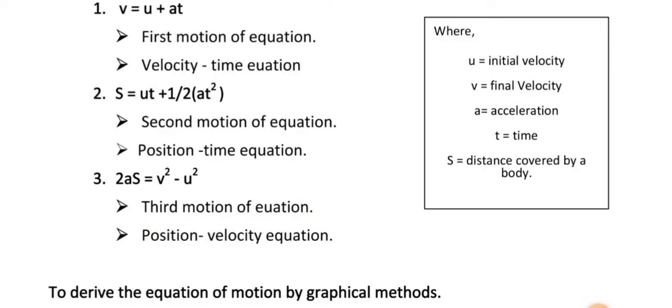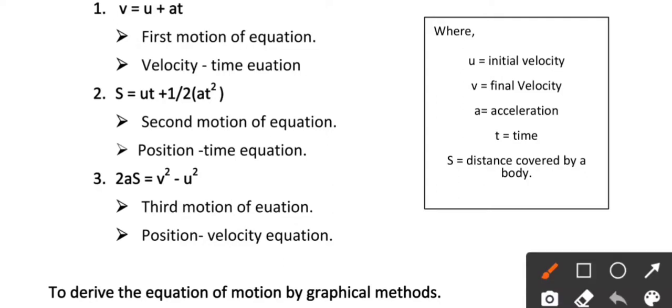So in our previous video, we have learned about the equations of motion. The first equation of motion is v = u + at, which we get from rearranging the formula of acceleration.